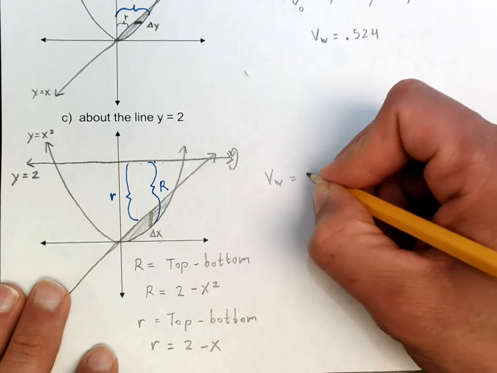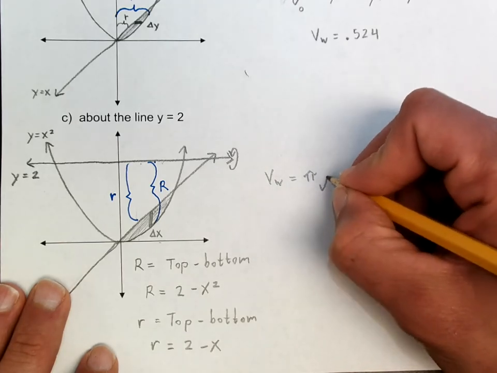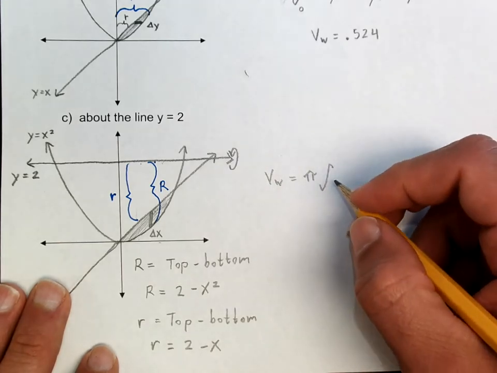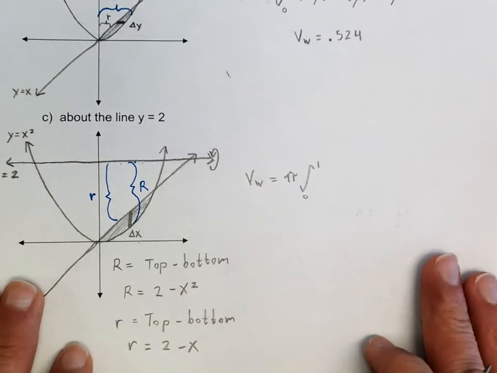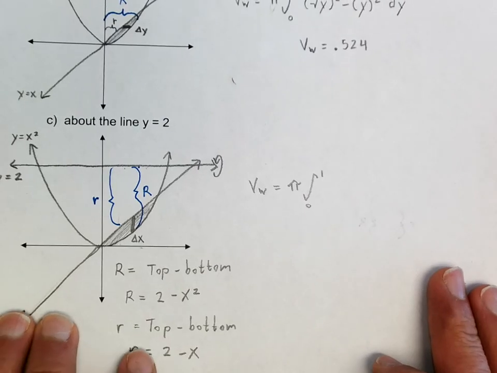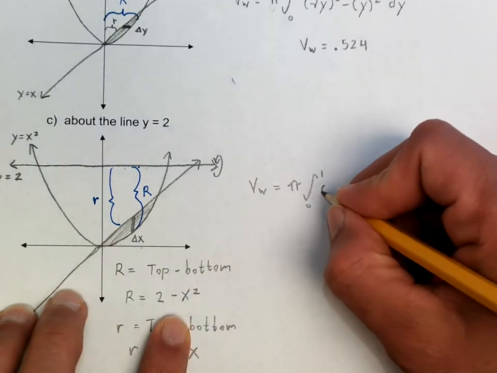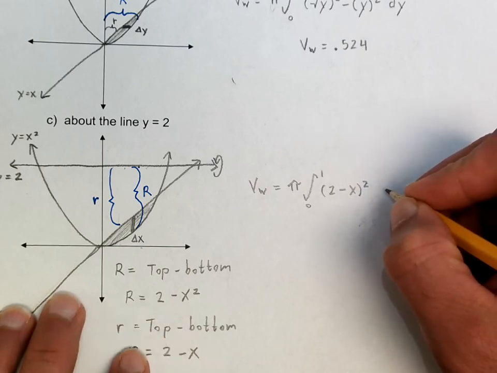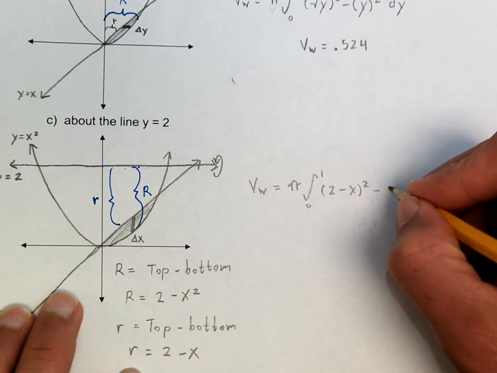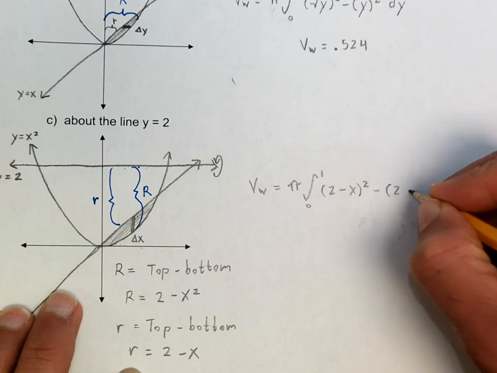The volume of the washer is equal to pi integral between 0 and 1 of capital R radius. In this case, that radius is going to be 2 minus x squared, minus 2 minus x.